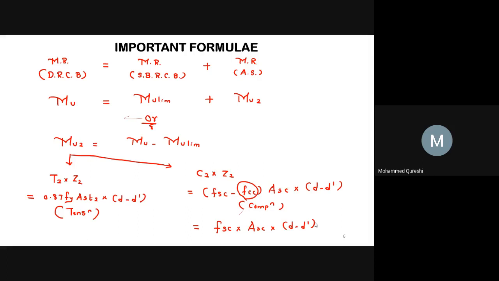So here we achieve two equations. First is our 0.87 Fy Ast2 into D minus D dash, and our second equation is Mu2 equals to Fsc into Asc into D minus D dash. So after equating both these equations, we will get the value of Ast2.